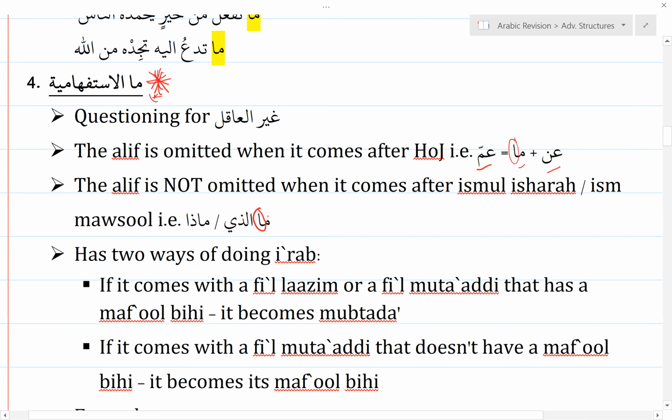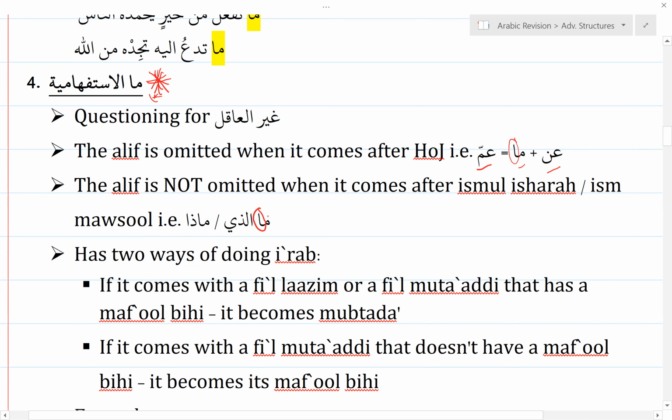I hope that's clear. Sister, how can a muta'addi not have a maf'ul bihi? It is muta'addi, but the maf'ul bihi is not mentioned. It has a maf'ul bihi, but it is not mentioned.